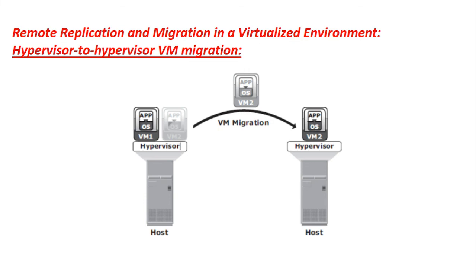In hypervisor to hypervisor virtual machine migration, the entire active state of a virtual machine is moved from one hypervisor to another, as shown in this diagram.